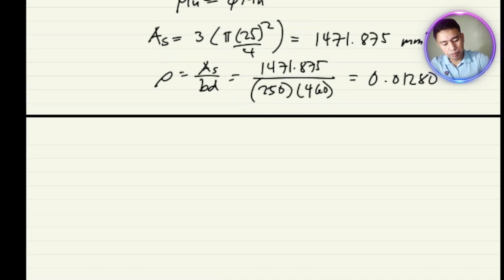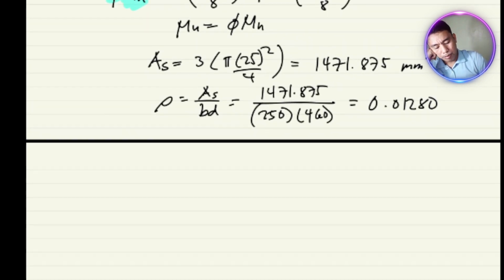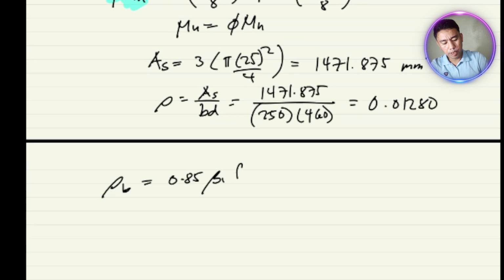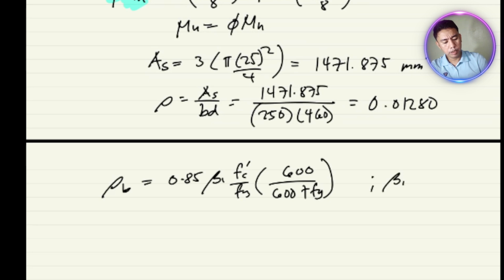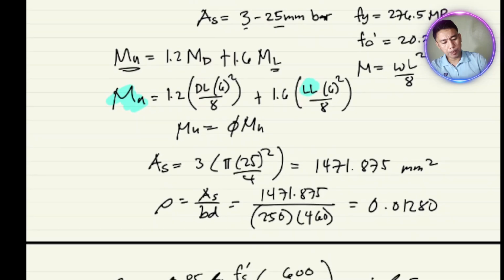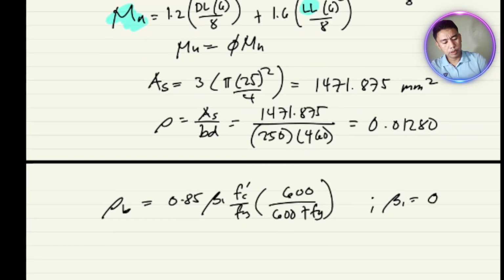Now, we will compare that to the rho balance. Rho B is 0.85 beta 1 Fc prime over Fy times 600 over 600 plus Fy. So our beta 1 here, our Fc prime is 20, less than 28, so this is 0.85.